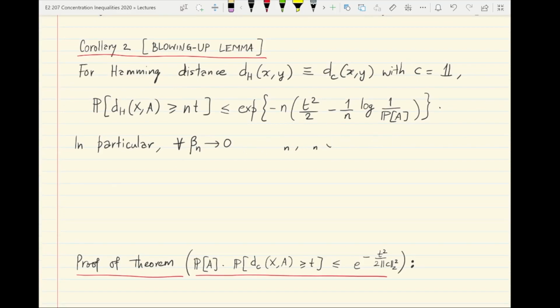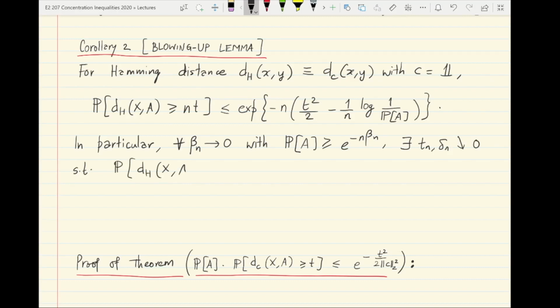Supposing that beta n is a sequence going to 0, if there is a set A for which the probability of A is at least e raised to minus n times beta n, then you can find sequences Tn and delta n going to 0, such that the probability that dH, the Hamming distance of x from A, exceeds n Tn is at most delta n.